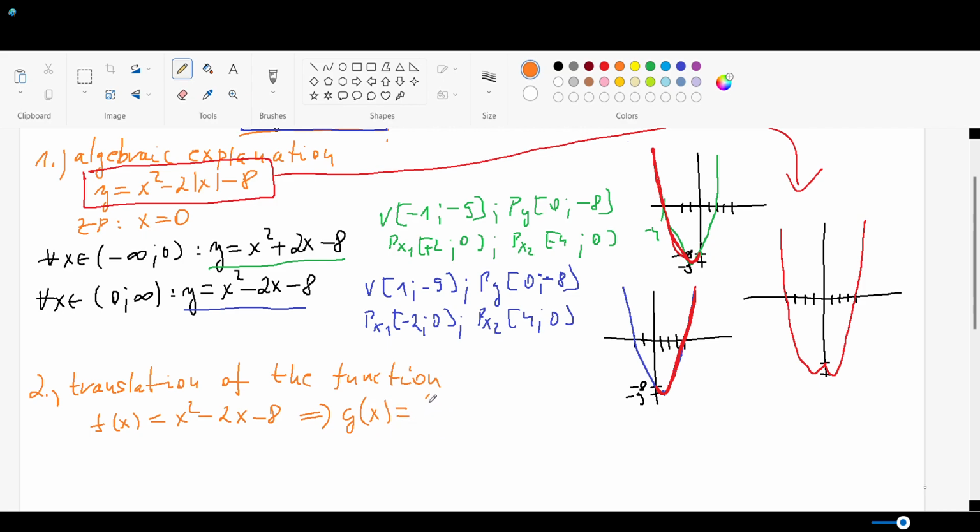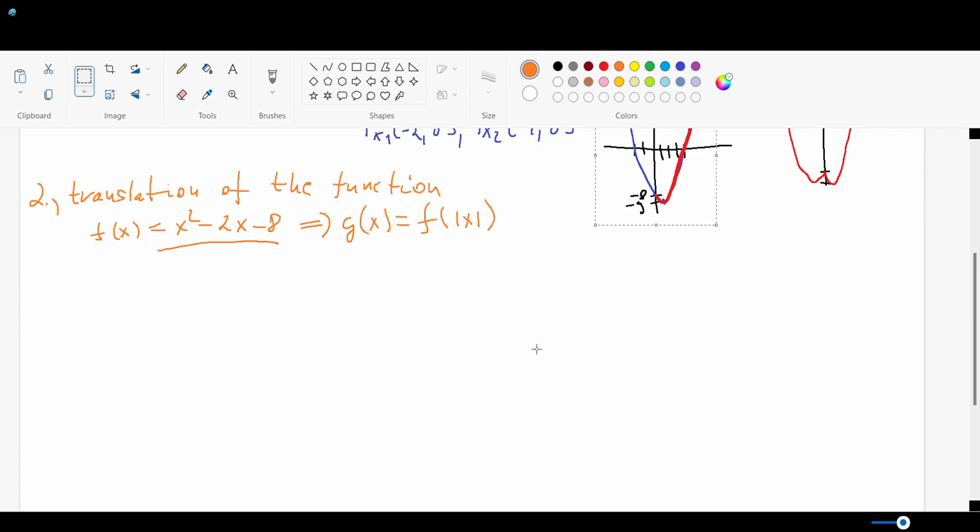We already know how to sketch this graph, and the translation is the function g of x, which is defined like f of absolute value of x. So in this case, it is enough to sketch this graph, which we already know.